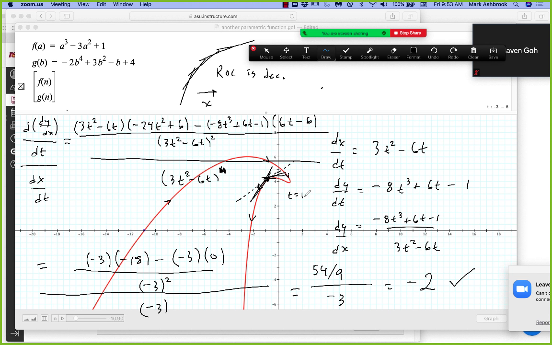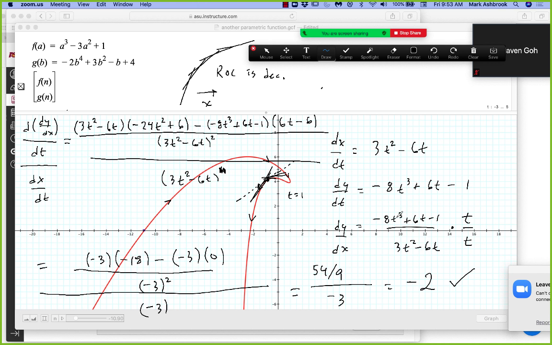Okay, so any questions on that? So in your homework problem, after you find this derivative, they recommend that you multiply by t over t because of what these functions look like. You wouldn't do that here, but I just want to talk about that. When you multiply by t over t, it greatly simplifies your numerator and denominator. But dy dx stays the same when you do that.